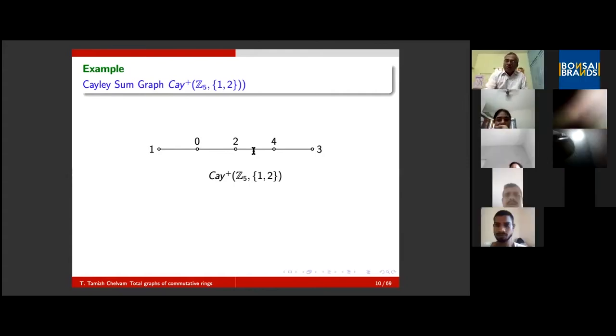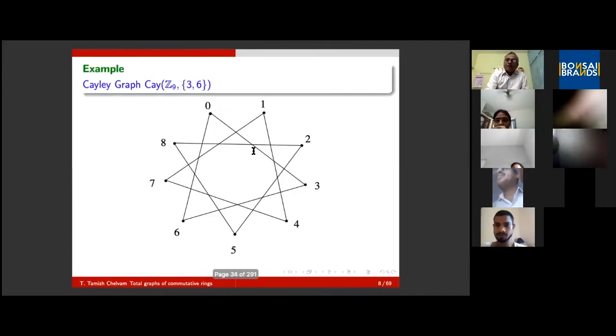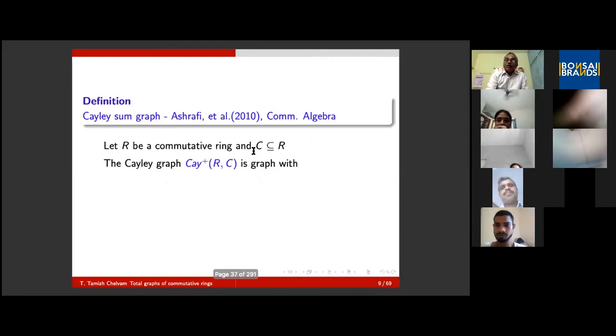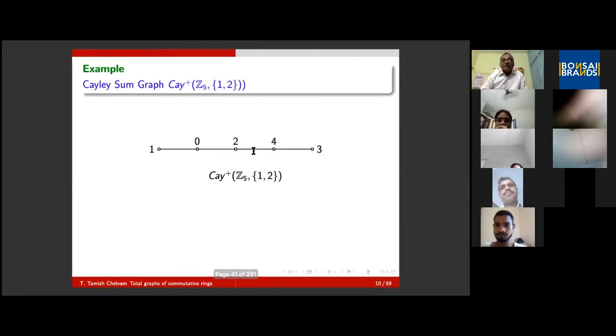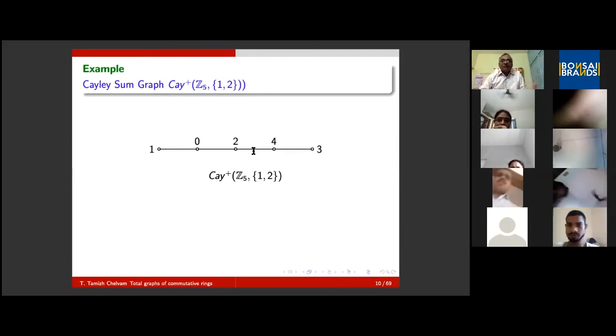Please look at this Cayley graph and look at this Cayley sum graph. Graph theoretically, you can visualize a difference between the degrees of the vertices in the Cayley graph and the Cayley sum graph. Just from your memory, please recall that in the Cayley graph, the vertices are of equal degree. They are regular graphs.